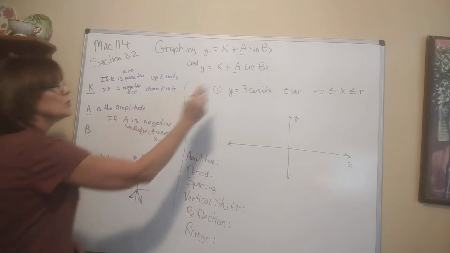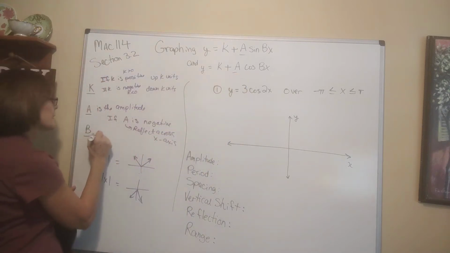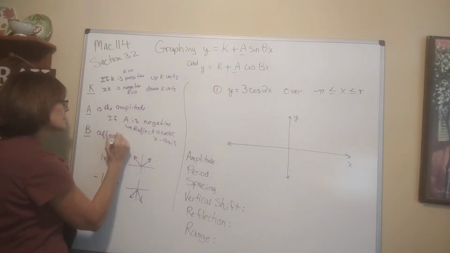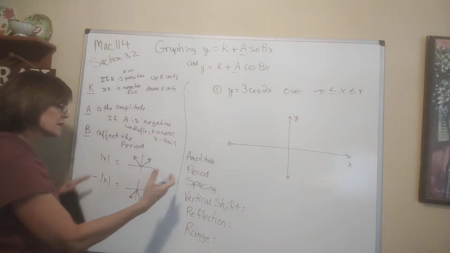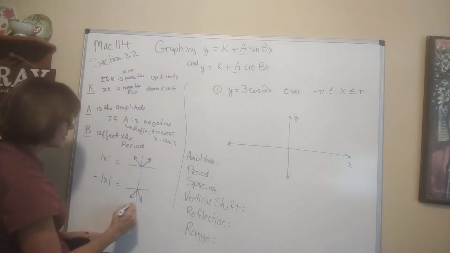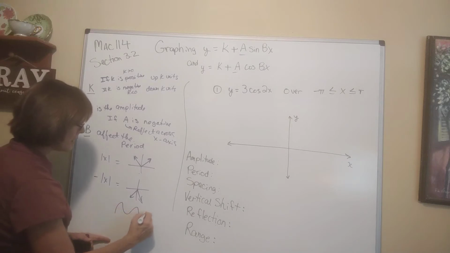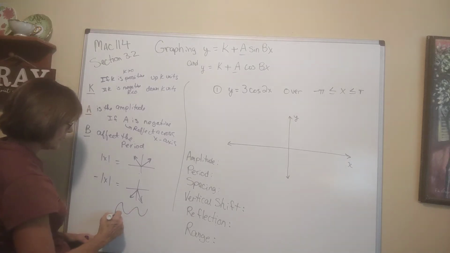What does b do? B affects the period, which tells us if we will accomplish one sine wave in, let's say, one sine wave goes to here.